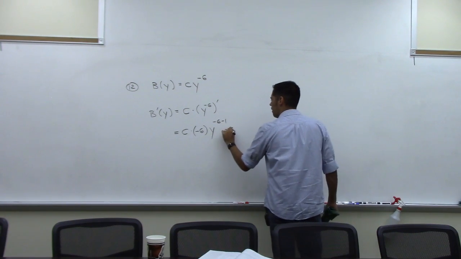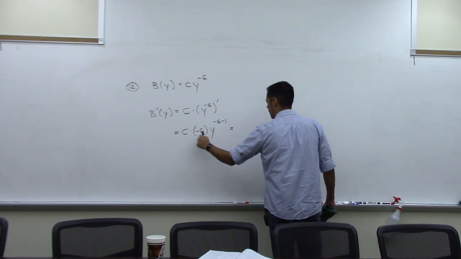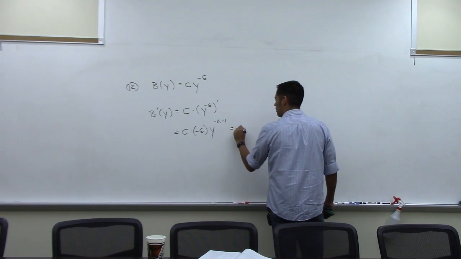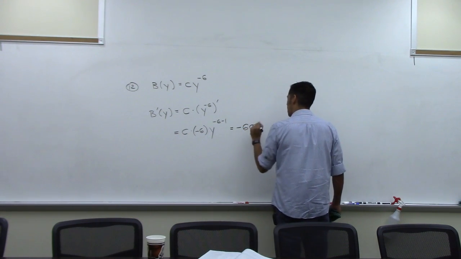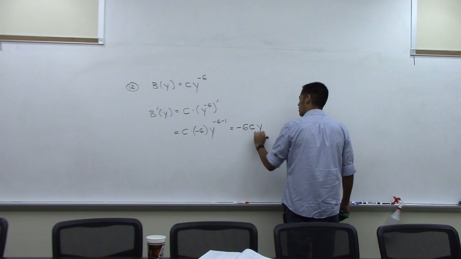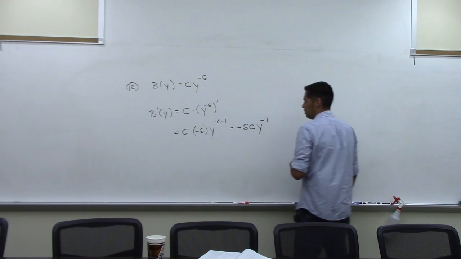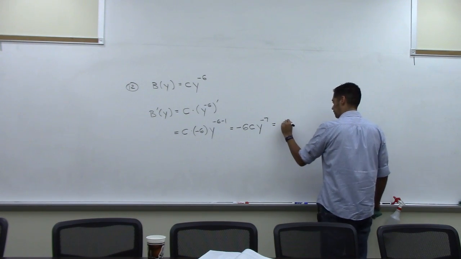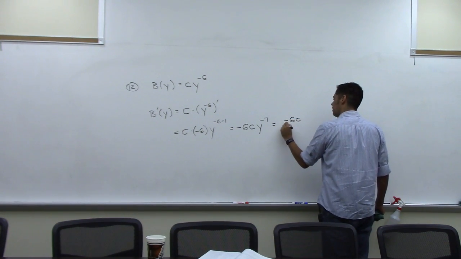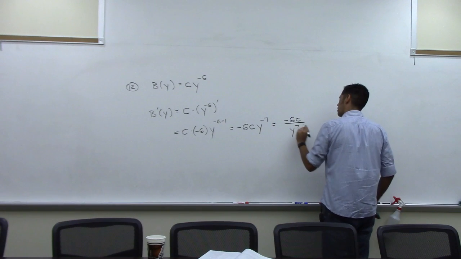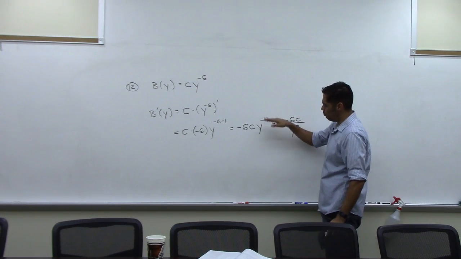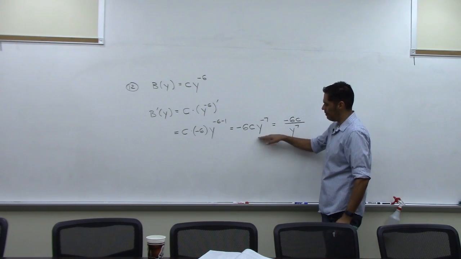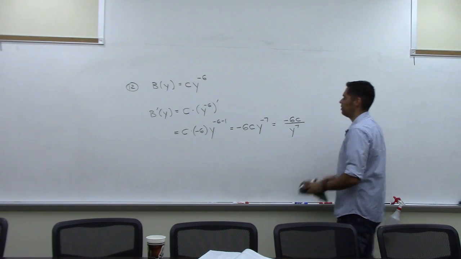Be careful there. That's a constant times negative 6, that's just negative 6 times that constant, whatever it is. y to the negative 7. That's correct. You can leave it like that. Or you could write this. So what I did was I rewrote this as 1 over y to the 7th, and then I put them together and I got this.